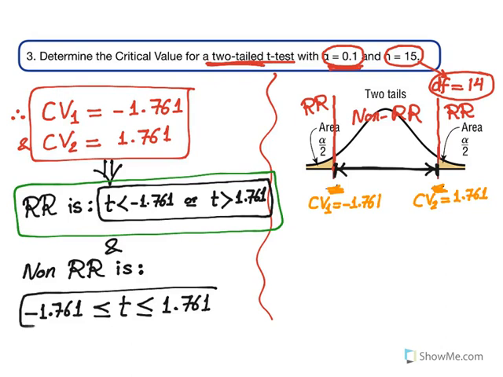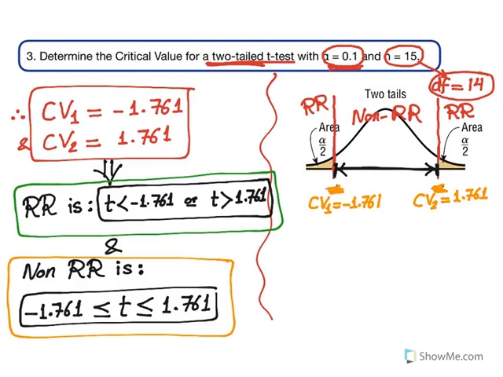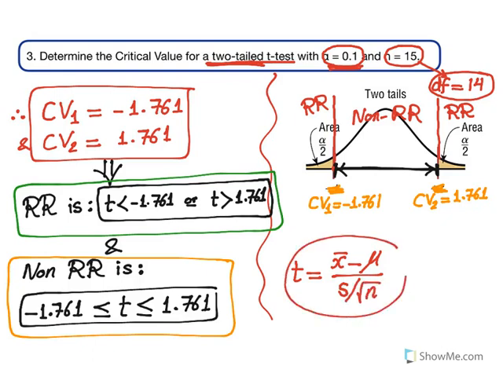Again, this means that if you compute the t, I will remind you, the t is computed as x bar minus mu over, in this case sigma is unknown, so you use the sample standard deviation s over root n. So you compute this number and you check where it is. If it turns out to be here, in the non-rejection region, you say do not reject the null hypothesis H0.